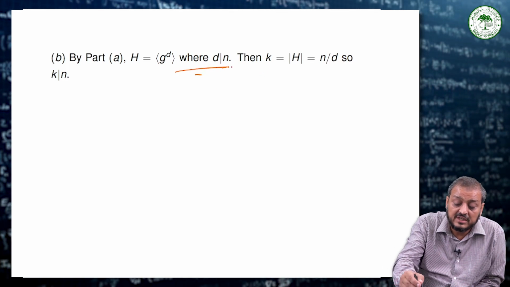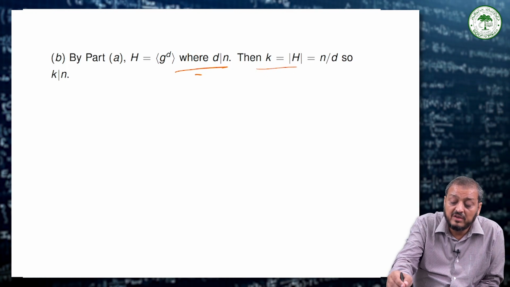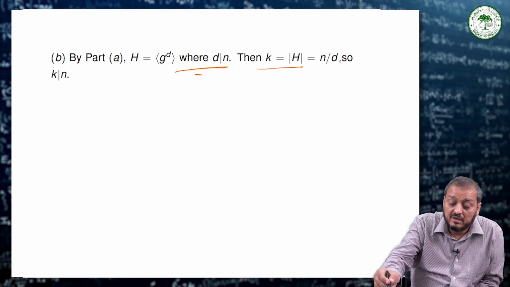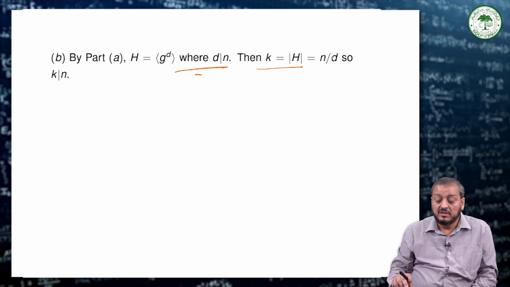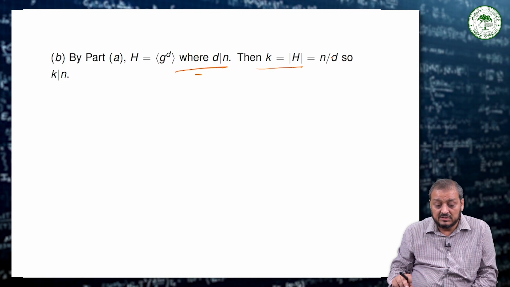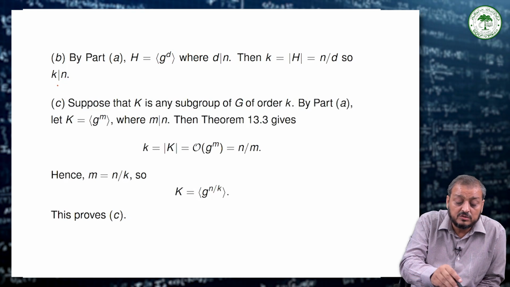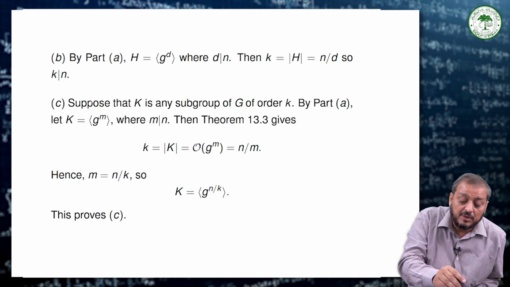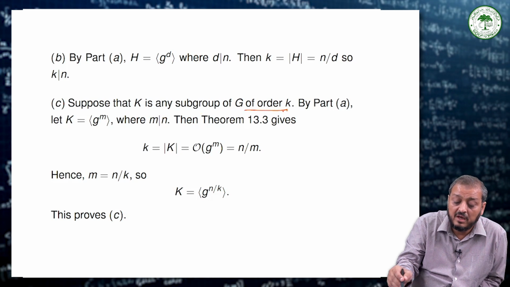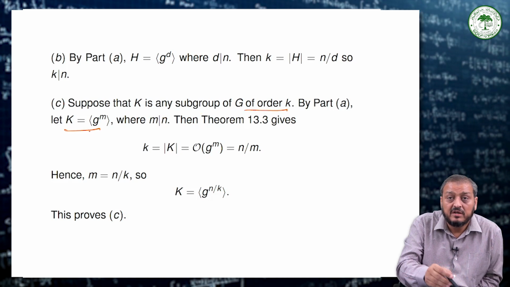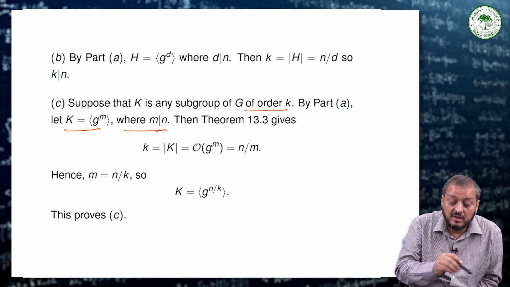Suppose k is equal to the order of H, then k divides n. Similarly, suppose K is any subgroup of G of order k, then K can be written as generated by g to the power m, where m divides n.